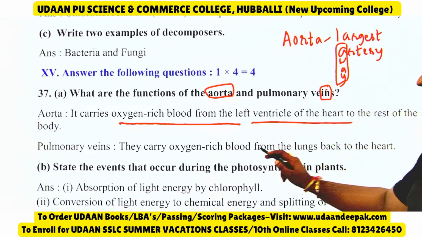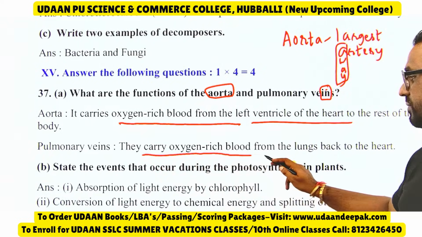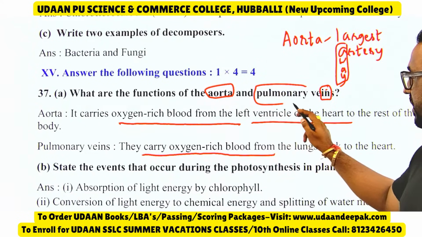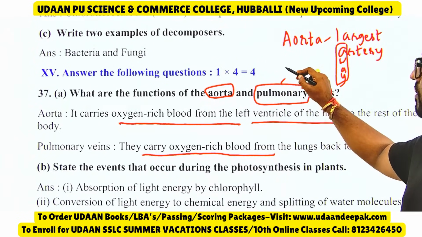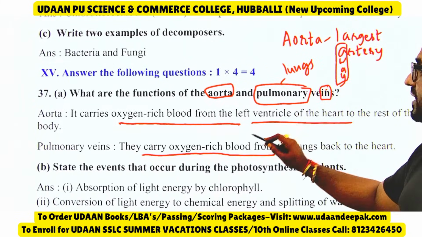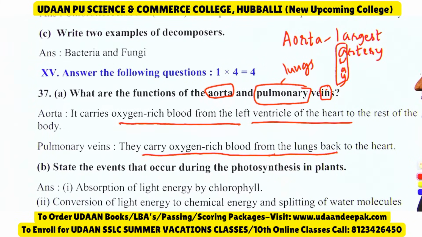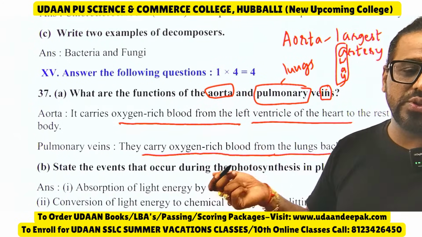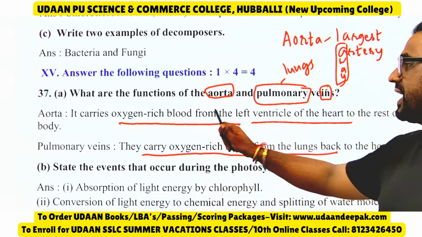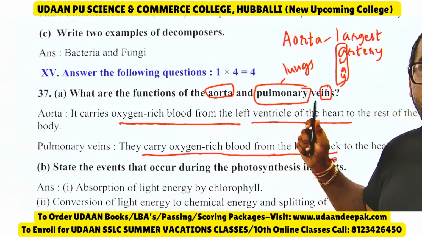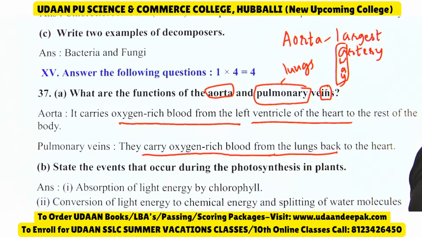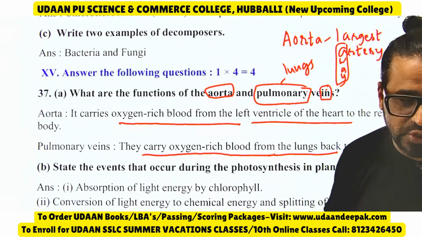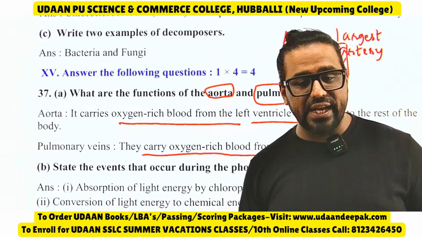What are veins? Pulmonary veins, pulmonary means from the lungs. So they carry oxygen rich blood from the lungs back into the heart, whereas aorta carries oxygen rich blood from the left ventricle to each and every part of the body. That is what you should know. Asfiya has given the right answer here.